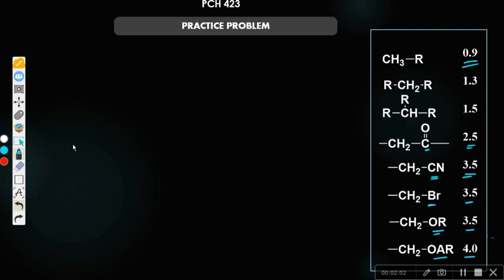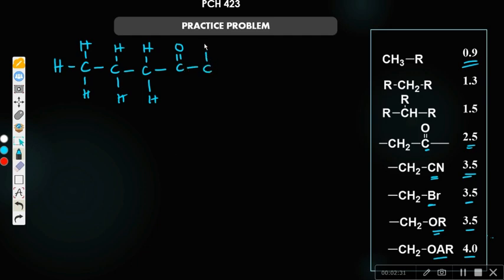Is that okay? Now let us practice some questions. You are given something like this, let's say H3C, C double bond O, and then we have C, here is H, here is H, here is H. This is a compound given to us. Let us predict the NMR spectrum for this compound, right?